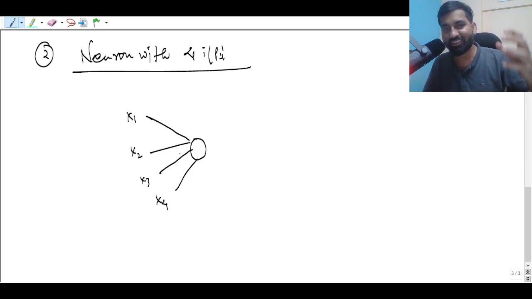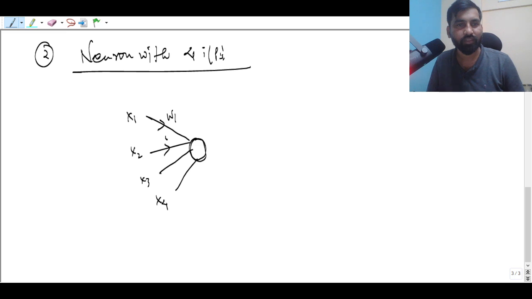But since there are fewer inputs, and there is a neuron here, you can sum them up. The corresponding weights are W1, W2, W3 and W4. And there is a biasing term as well. You can say B. So what is the output, guys?